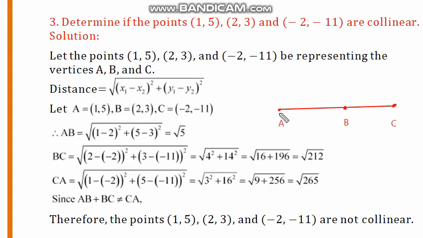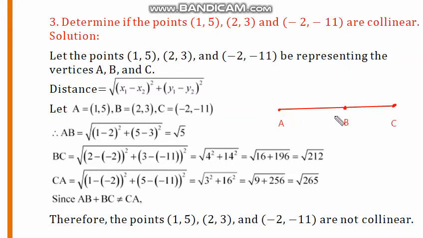So see this. For example, here I drew one straight line. On the straight line, I plotted 3 points A, B, C. So how do we check whether the given 3 points are in a straight line?